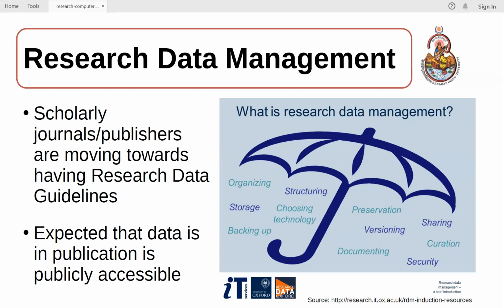In fact, many journals now insist that when you publish with them, the research data has to be kept on a public server so that the reader can verify that the research has been done on proper data.